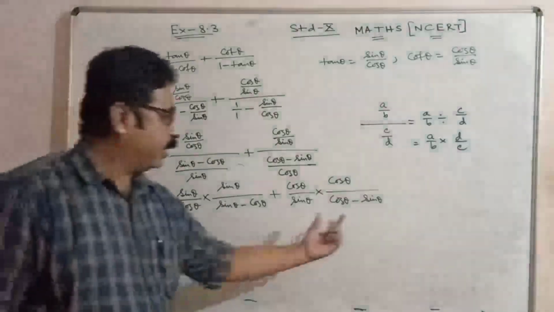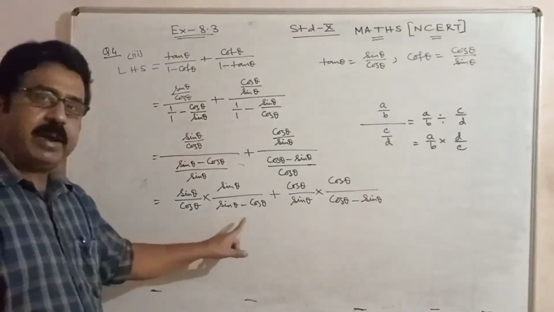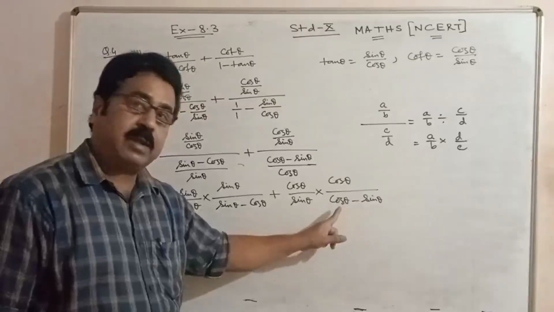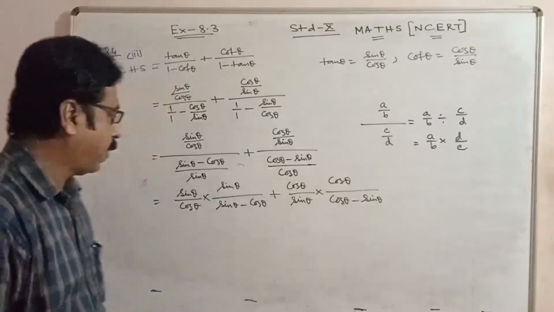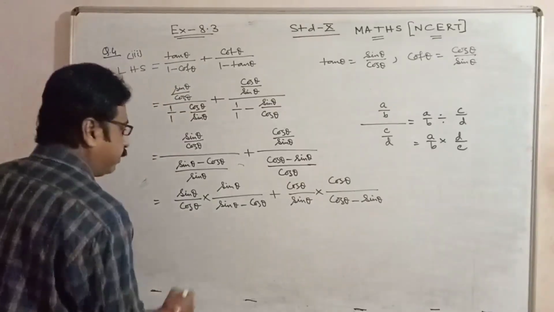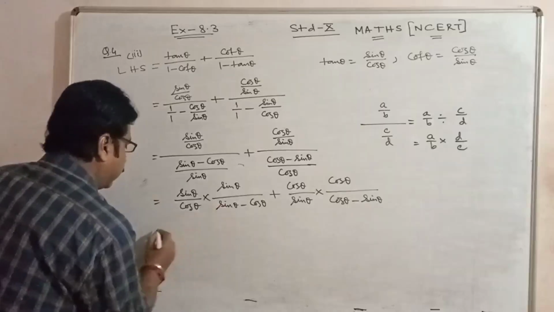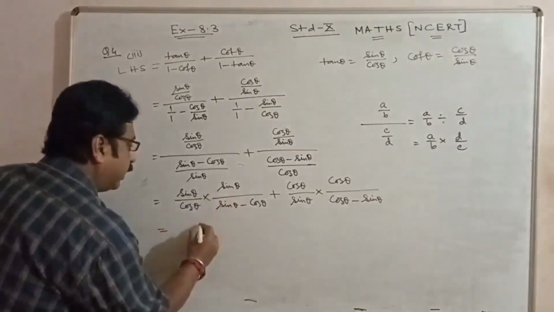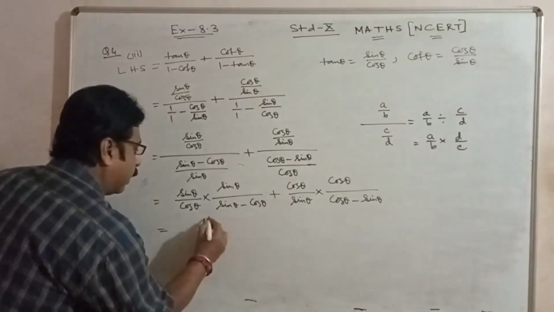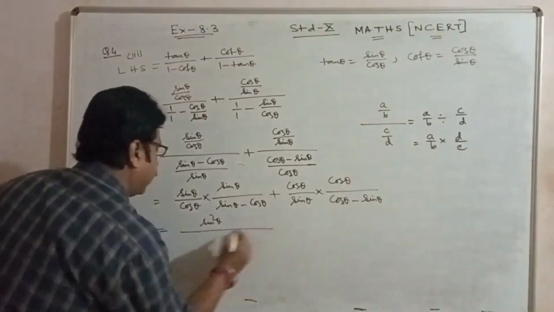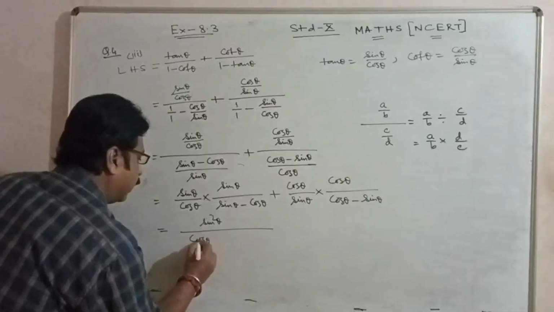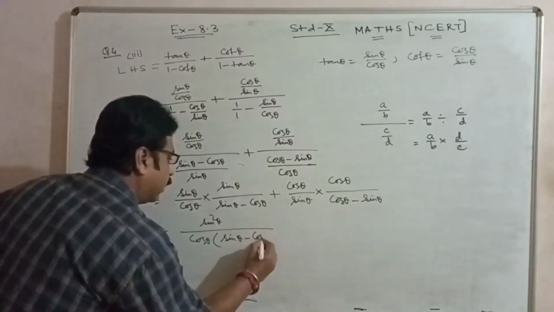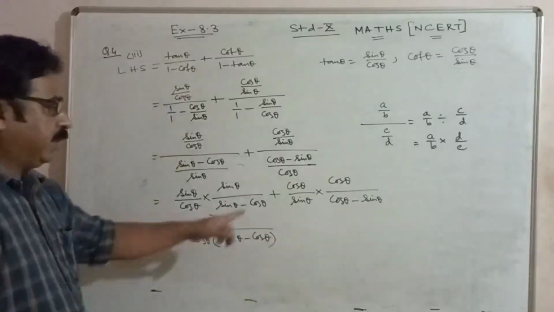Observe this one and this one. It is sin theta minus cos theta, and it is cos theta minus sin theta. We can make this sin theta minus cos theta if we change the sign. How? That I am showing you. Sin theta into sin theta means sin square theta. Cos theta into sin theta minus cos theta. This is a plus sign.